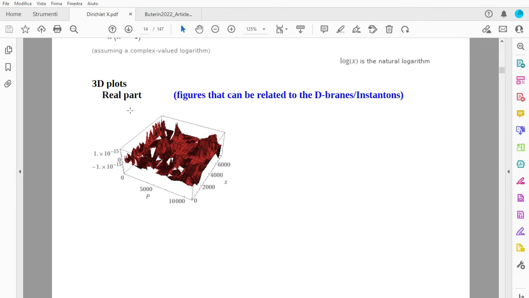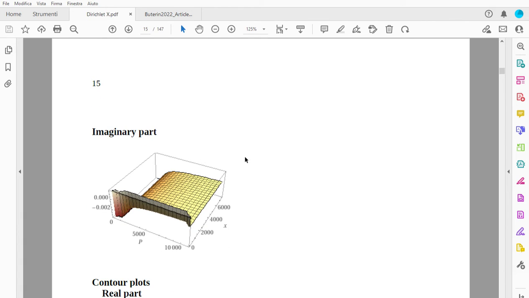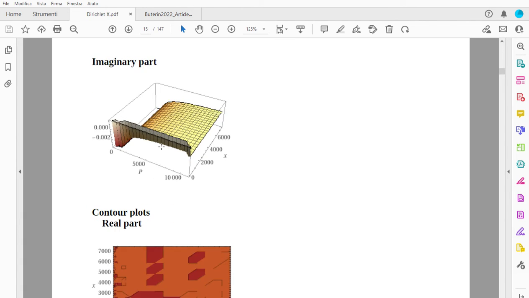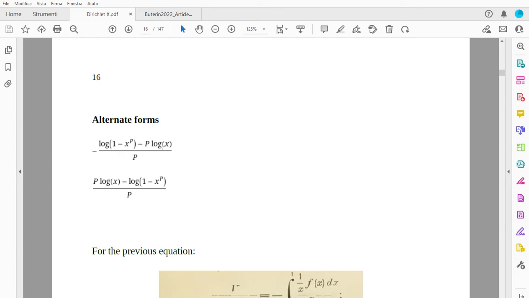We can see the first plot, real part, and the second plot, the imaginary part. Again, alternate forms.